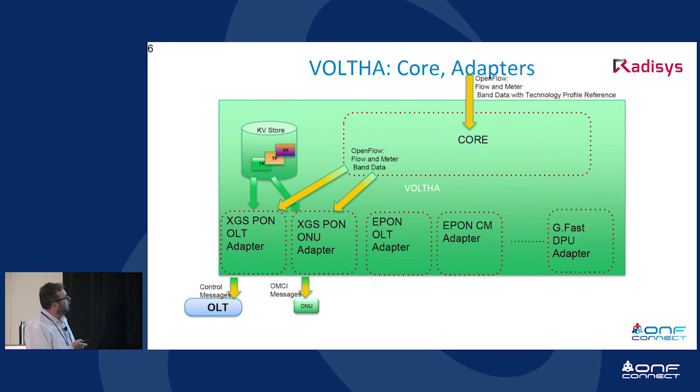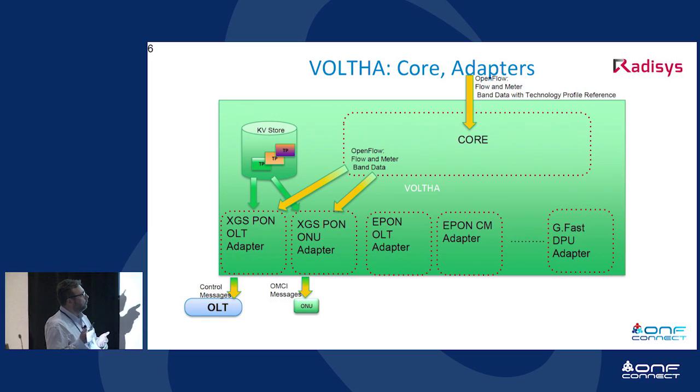So the idea is that OpenFlow comes down into Volta and defines the match action rules and defines the meter band information. And it also has a reference to a technology profile. Now, the core itself doesn't need to know anything about the technology profile, because technology profiles are just basically downloaded into the KV store, and they're available for access by the adapters. The adapters themselves can fully decode and understand what's in a technology profile.